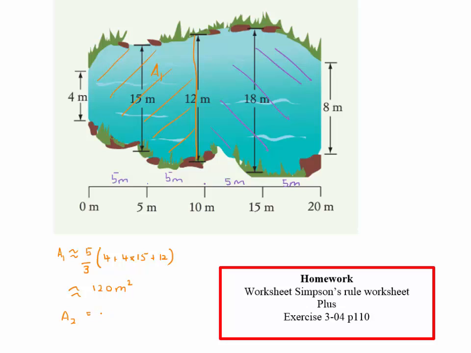For area 2, well, the height's still the same, and I should probably go to purple pen so you can see. 5 on 3. And here now, this one is the first, so that's 12. 4 times the middle is 18. And then I've got my last, which is 8.